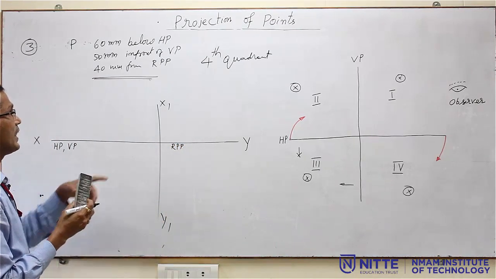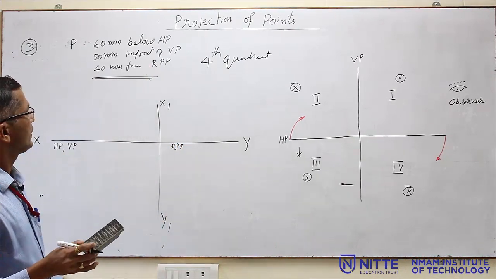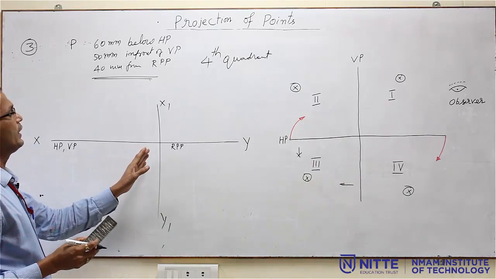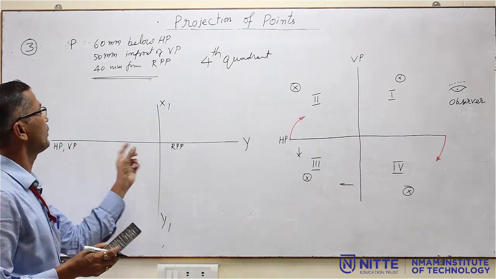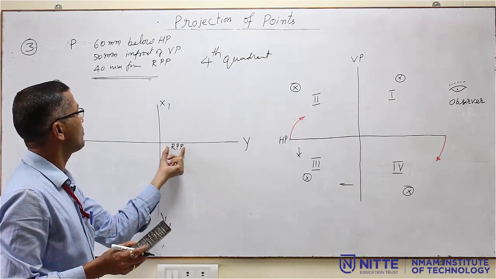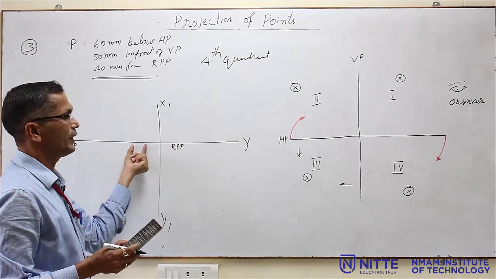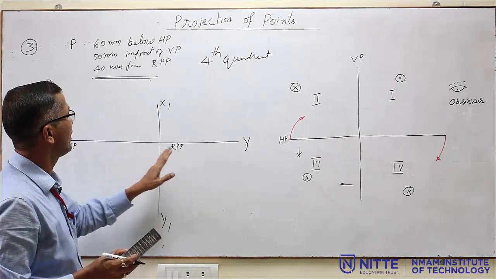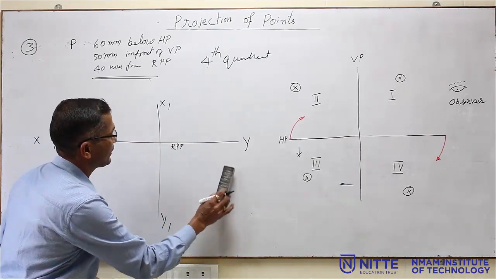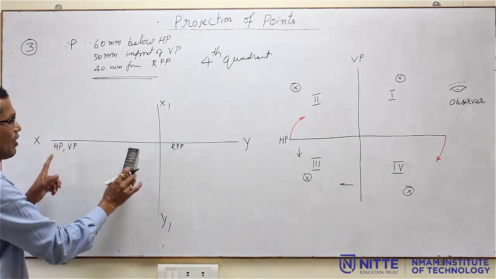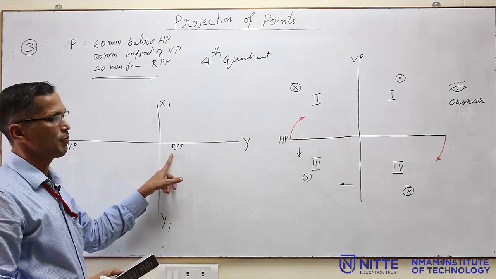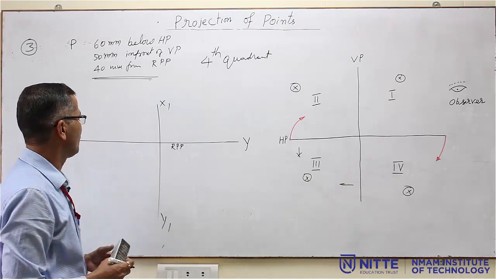Now, if it is given as LPP, then there is nothing extra that changes, only the writing of VP and HP, and RPP you write it here, LPP you write it here. This becomes the left profile plane, this place becomes HP and VP, and this entire area becomes the profile plane. That is all the difference between RPP and LPP.